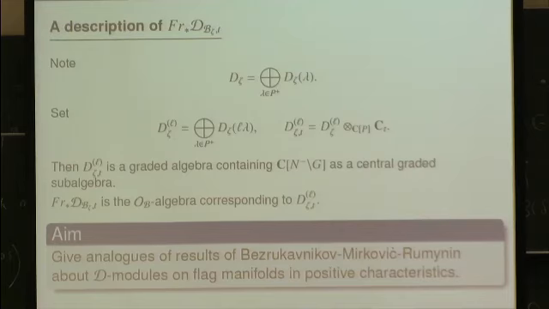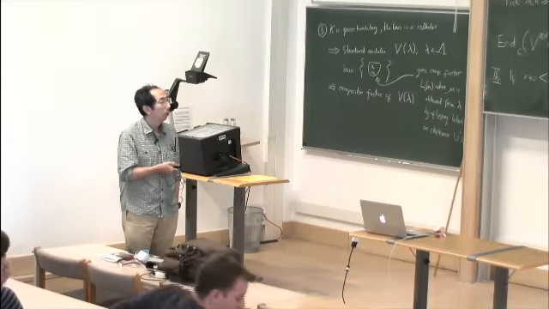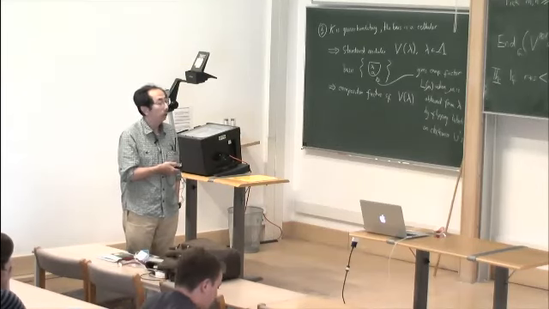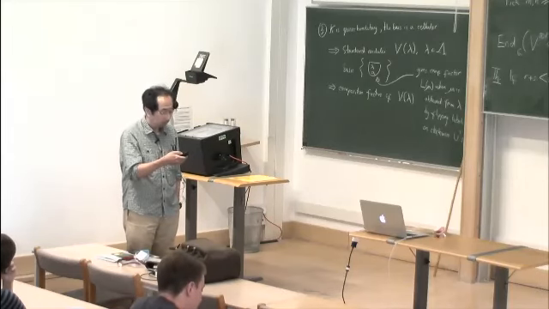In the root of unity case, the q analogs are similar to ordinary objects in positive characteristics. So that's a general phenomenon. So it's natural to pursue some analog of the results by BMR in the framework of quantized flag manifolds at roots of 1. Okay.